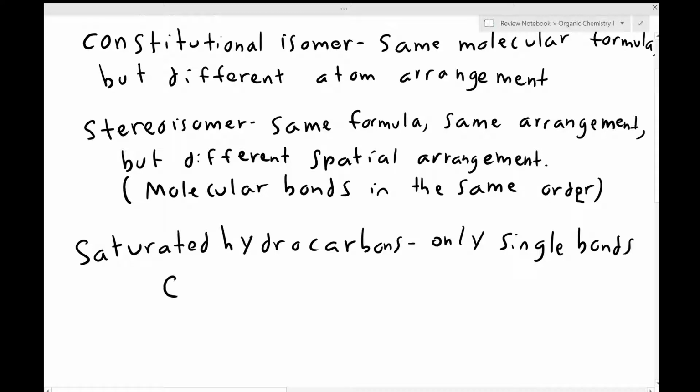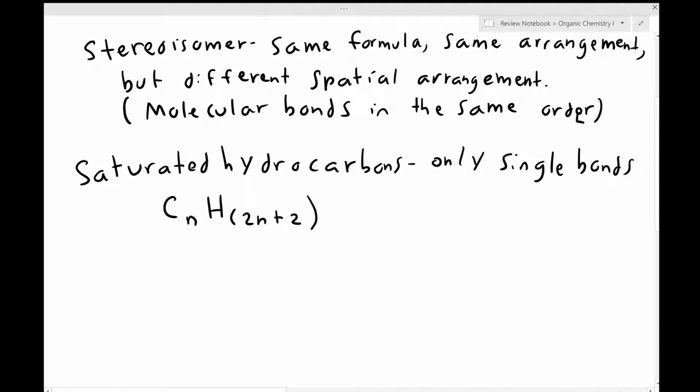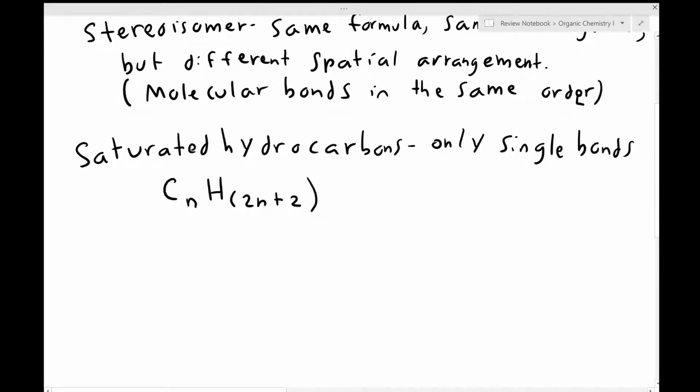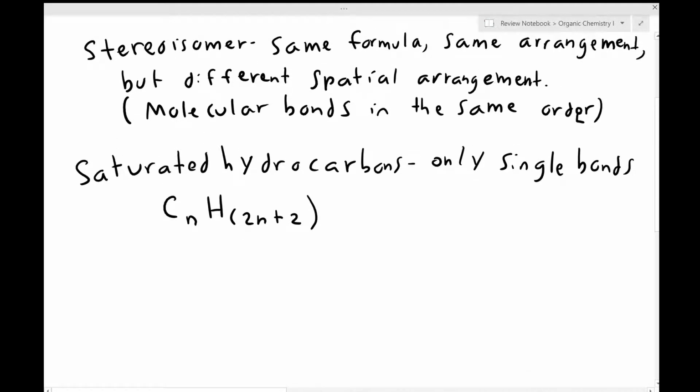Saturated hydrocarbons have the formula CnH2n+2. Basically, each carbon in the middle of the chain has 2 hydrogens on it, and then the end carbons will have 3. That's what that formula says if it's just a long single chain.